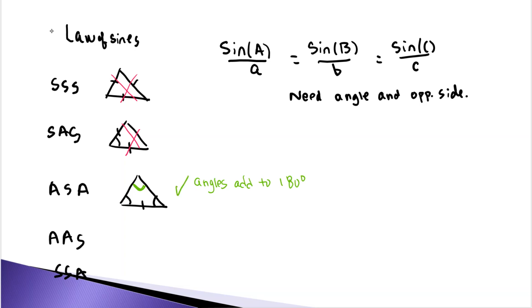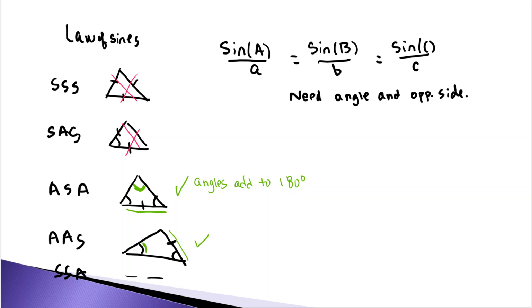So in this case, I can because I've got an angle and the opposite side. Angle, angle, side, as I go around the triangle. And yes, I have an angle and its opposite side, so that one's good.